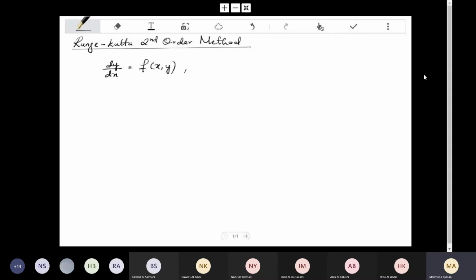So we know the slope of the dependent variable y as a function of the independent variable, in terms of the function of x and y, and we're given an initial condition y at x0 is equal to y0.